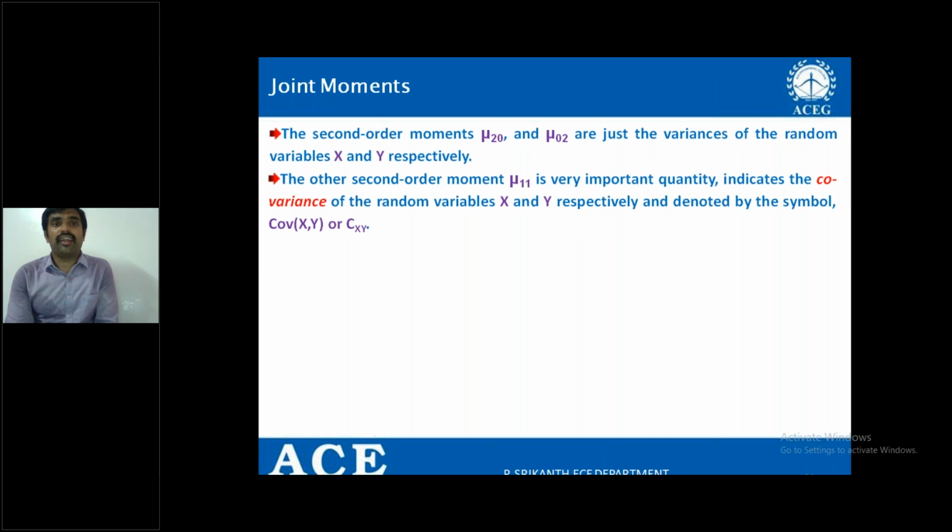And the second order moment mu11 is a very important quantity. It indicates the covariance of the random variables x and y, and is denoted by the symbol COV of x comma y or CXY. A new term is here, that is covariance. Covariance of x comma y is denoted by COV of x comma y or CXY.